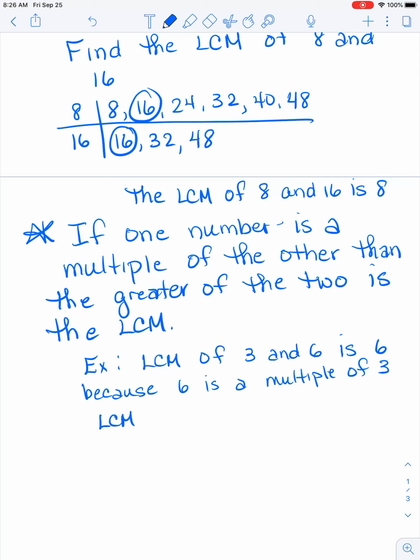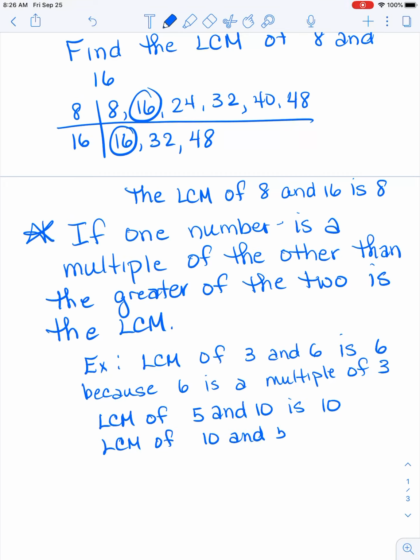The LCM of, let's say, 5 and 10 is 10, right? Because 10 is a multiple of 5. And the LCM of, let's say, 10 and 50 would be 50 because 50 is a multiple of 10. So that's an easy way to find the LCM when one number is a multiple of another.